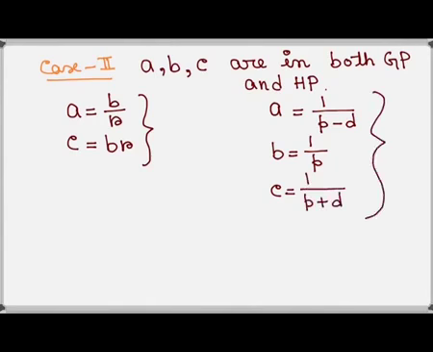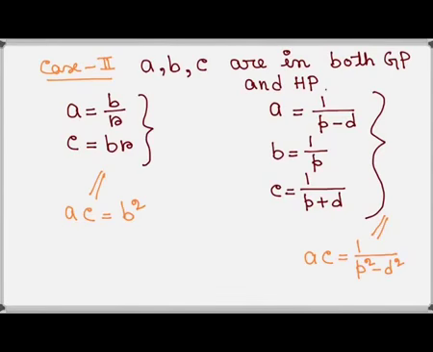Now from here we get AC is equal to B square, and from here we get AC is equal to 1 by (P square minus D square).